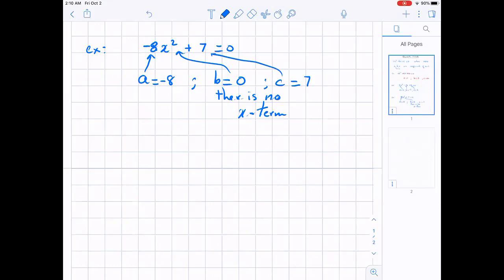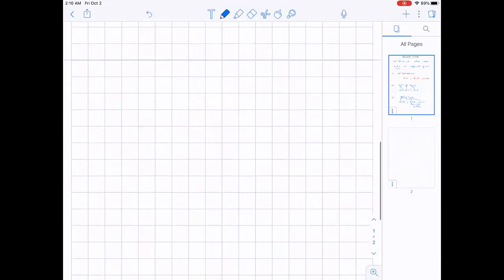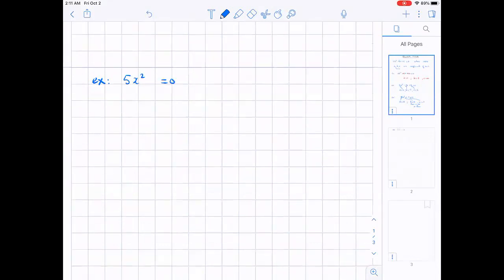So we did say that b can be 0, c can be 0, but a can never be 0. If we look at the example 5x squared, here we have a is equal to 5, b is equal to 0, c is equal to 0.